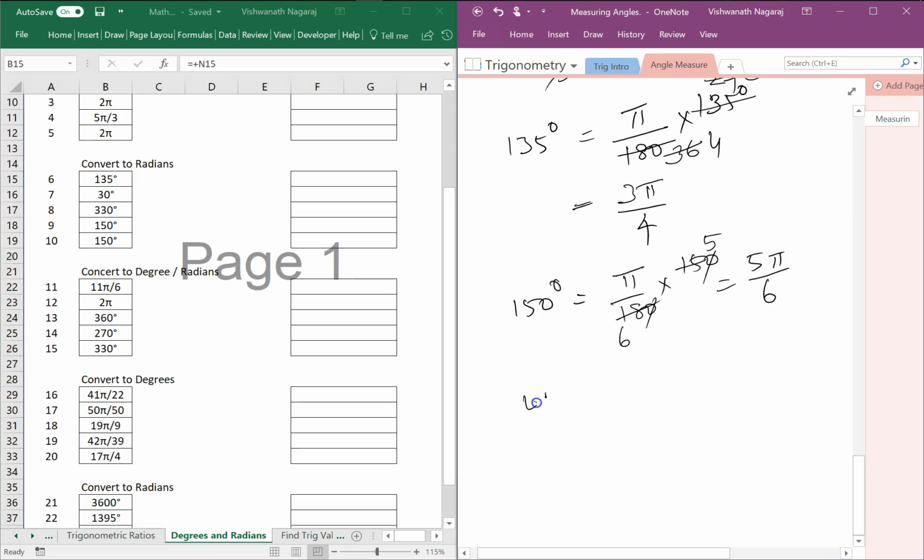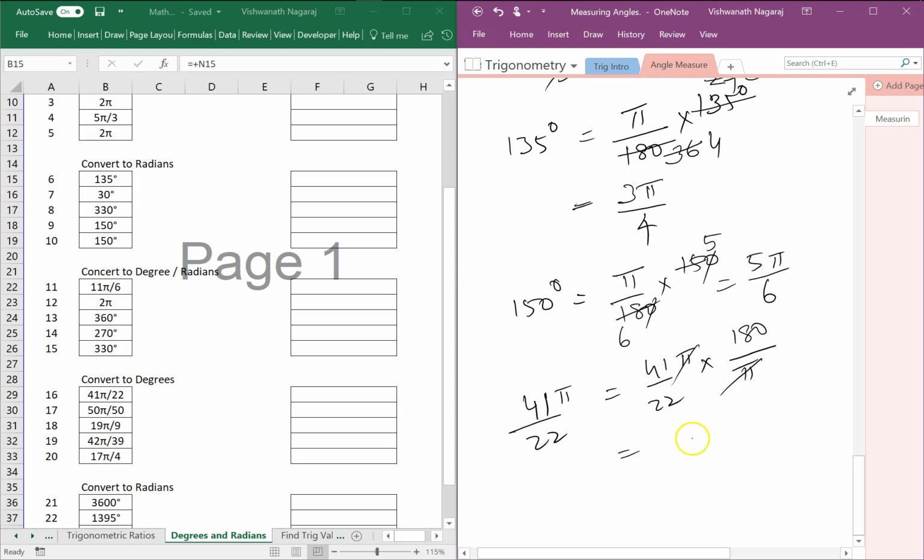Next, 41 by 22 pi. We want to convert it into degrees, so here pi should disappear. So 41 by 22 pi into 180 by pi. Pi disappears.